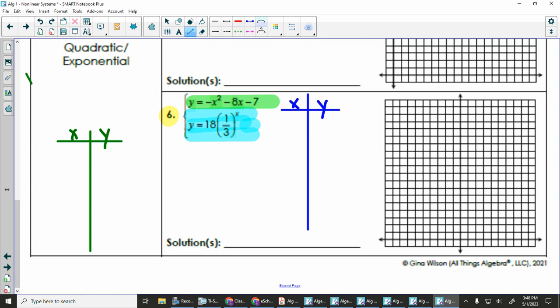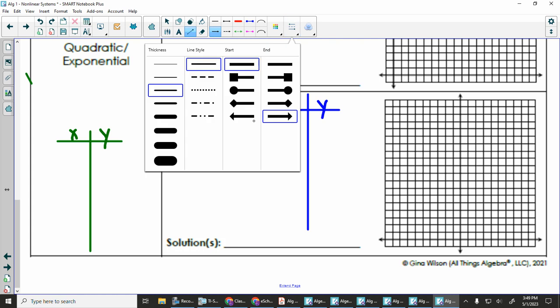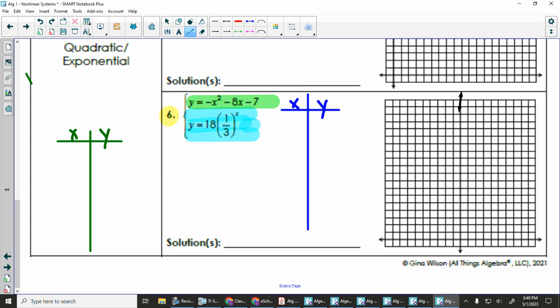Let's darken in that axis again. Now notice they moved my x-axis on us, probably because we're going to have a lot of positive numbers and not so many negatives, so they're trying to help us out with space here. All right, and make sure you label x-axis, y-axis.